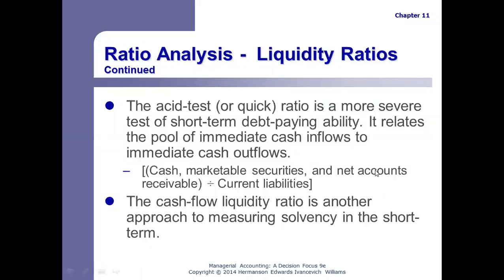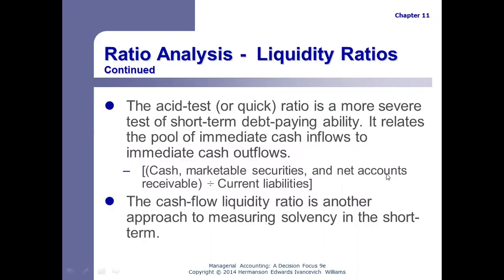Accounts receivable, that's fairly quick because you're going to collect receivables generally within 30 days. That's quick enough for this ratio. So again, acid test or quick ratio is your cash plus marketable securities plus accounts receivable, and it says net because as you remember from MBA 510, sometimes we set up an allowance to account for those receivables that we're not going to collect.